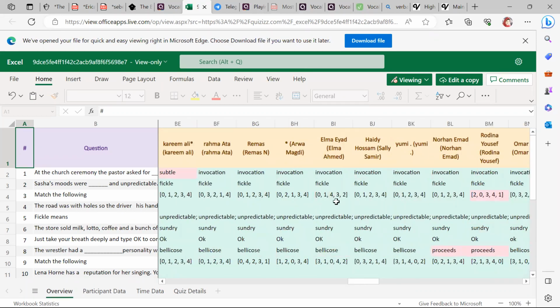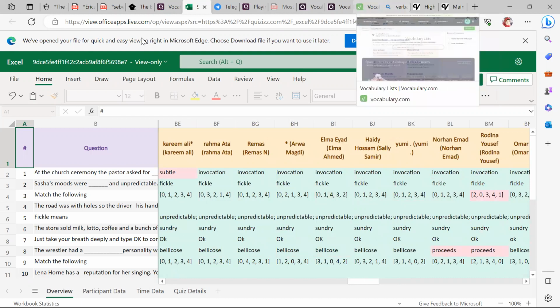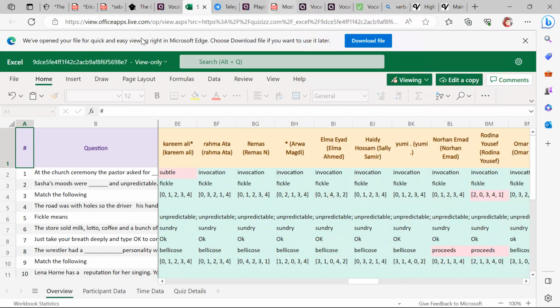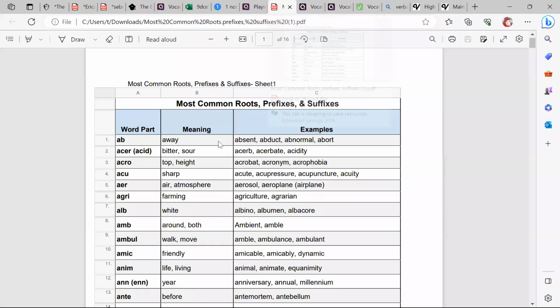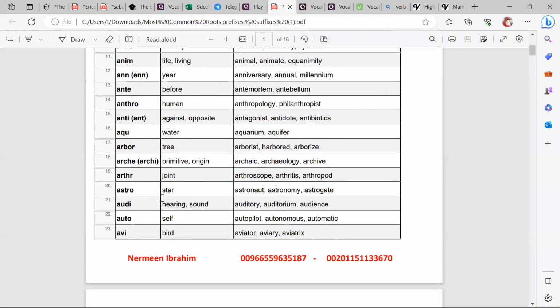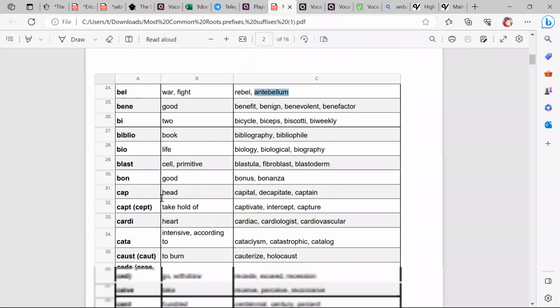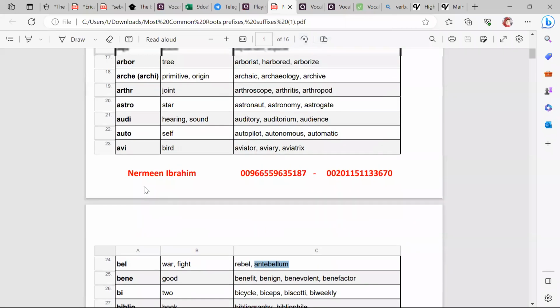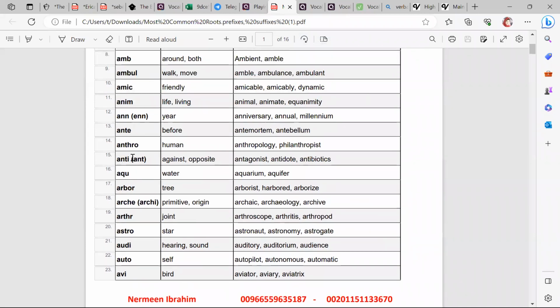Something I really want you to see, the list. Okay, the only list that I will recommend, guys, is the list that has the prefixes and the suffixes. So, for example, when I told you anti, if you check the prefix anti, it means against or opposite.